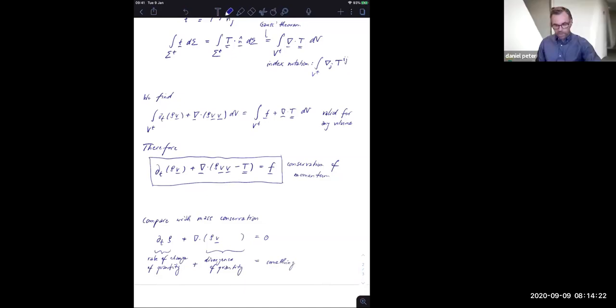So this is a typical form of a conservation law.